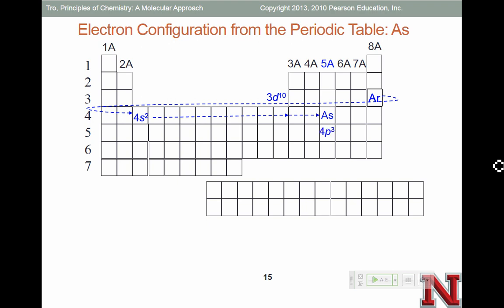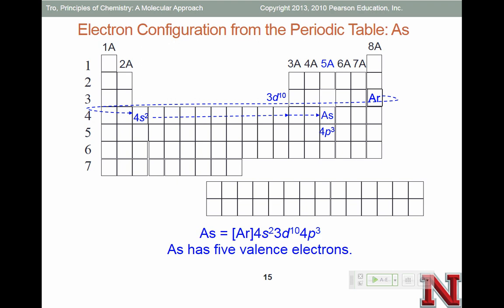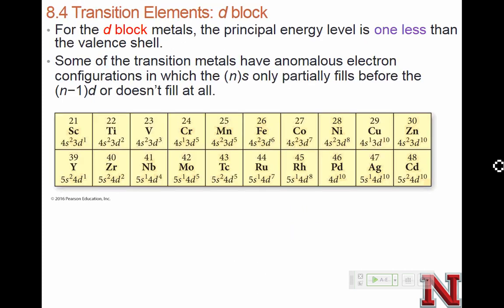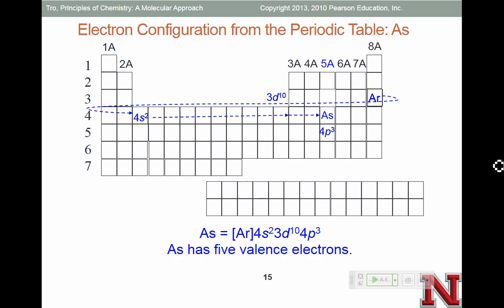So that's going to be our electron configuration for arsenic. Our argon in brackets, 4s2, 3d10, 4p3. And we have a total of 5 valence electrons. That's our 2 electrons in our 4s and our 3 electrons in our 4p.